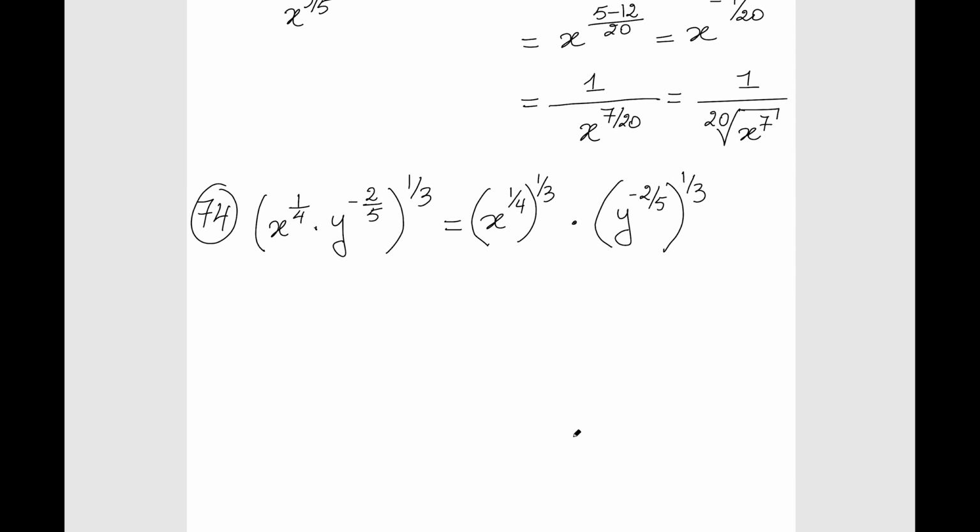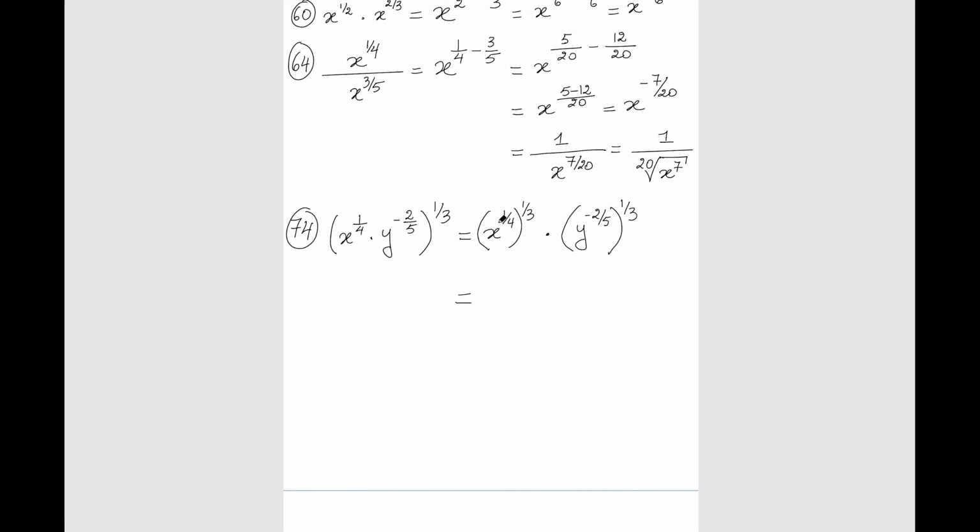Okay, the next, each one of these two guys looks like the power of an exponential expression. Technically, I'm referring to this property right there. It's the power of an exponential expression. What do you do?